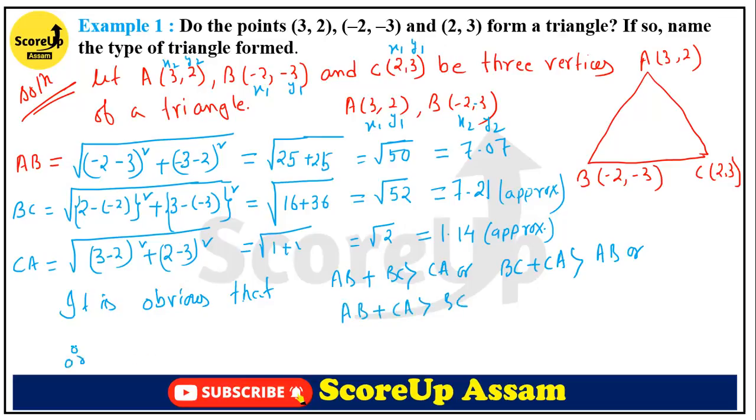Therefore, the sum of any two sides is greater than the third side. Therefore, these 3 points form a triangle.